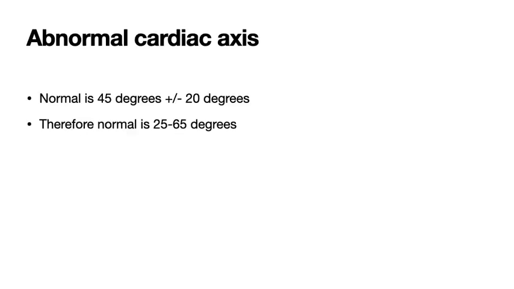All right. Let's talk actually briefly about abnormal cardiac axis. We said earlier before that the heart is typically at a 45-degree angle from the midline, plus or minus 20 degrees. So 25 to 65 degrees from the midline.